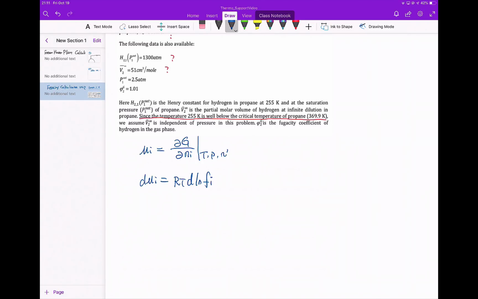The third is, since we are having this partial molar volume of hydrogen at infinity, we try to recall we had one very useful equation, which is d mu_i over dP while keeping temperature and composition fixed.